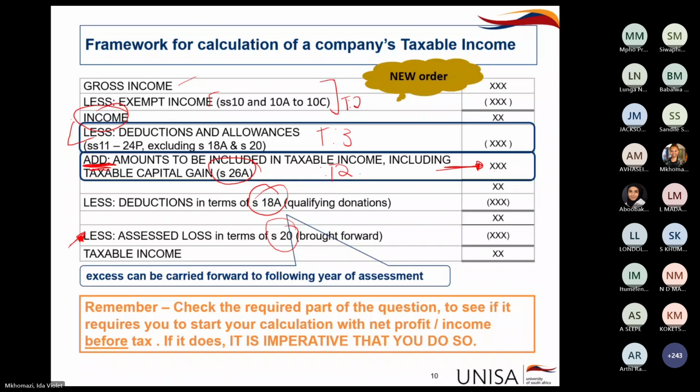So remember, this is what you learned in topic 2, right? The CGT rate that you would use to include in taxable income for a company is 80%. You include 80%.